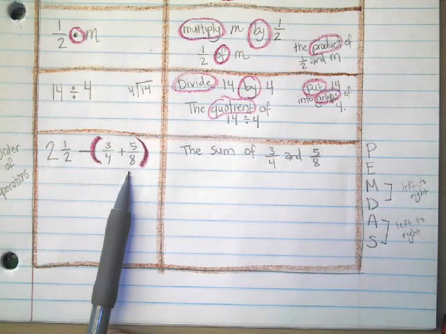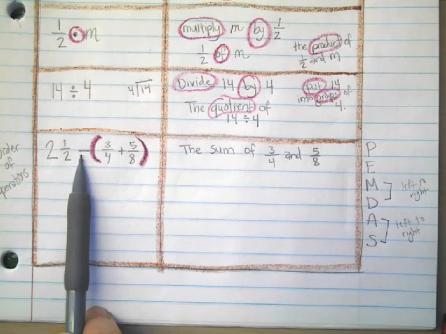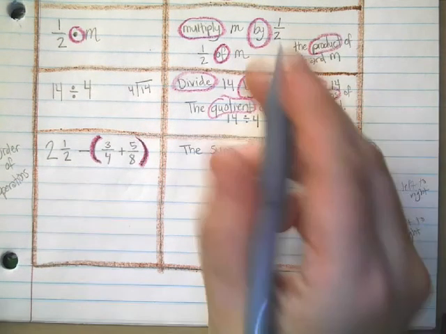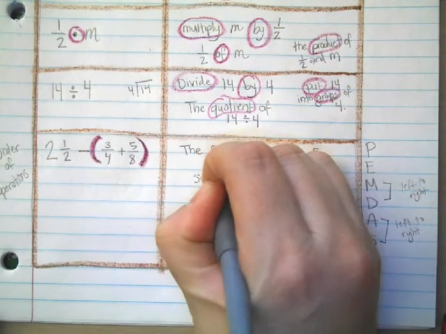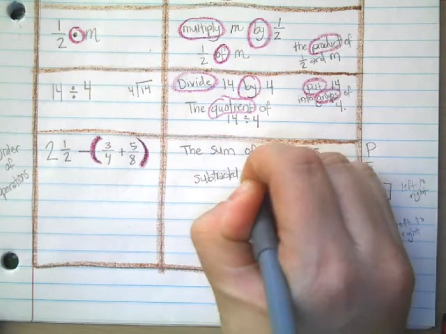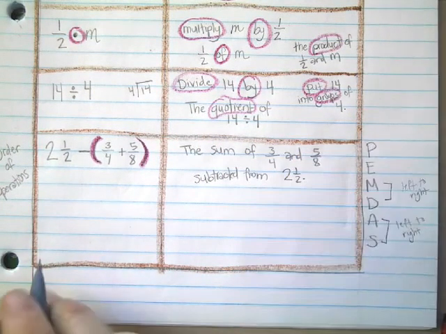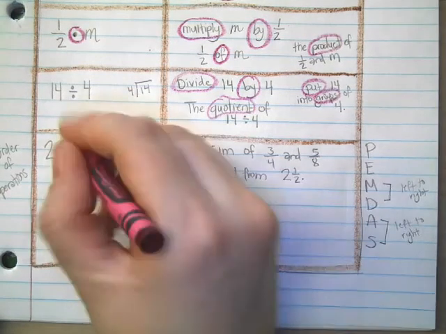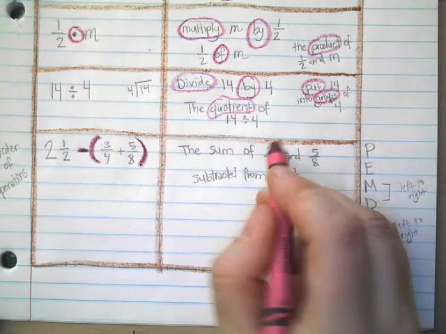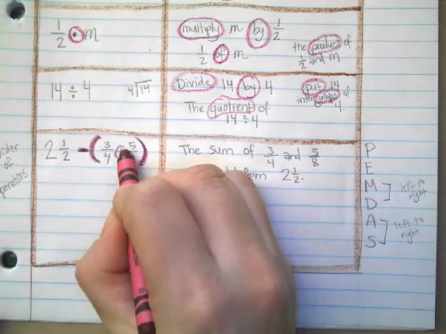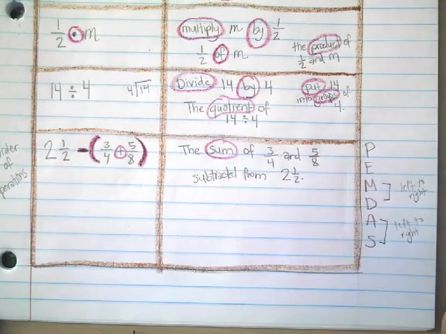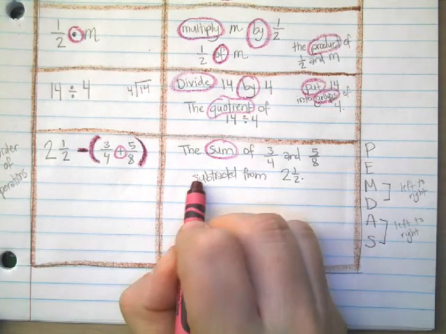Well, there's a better way with words to say that. So what I do is I say the sum of 3/4 and 5/8 subtracted from 2.5. Right? Because we use that word from, we're working kind of backwards.